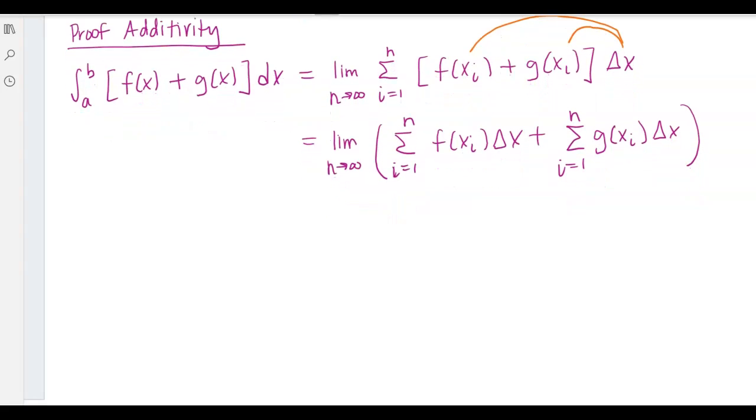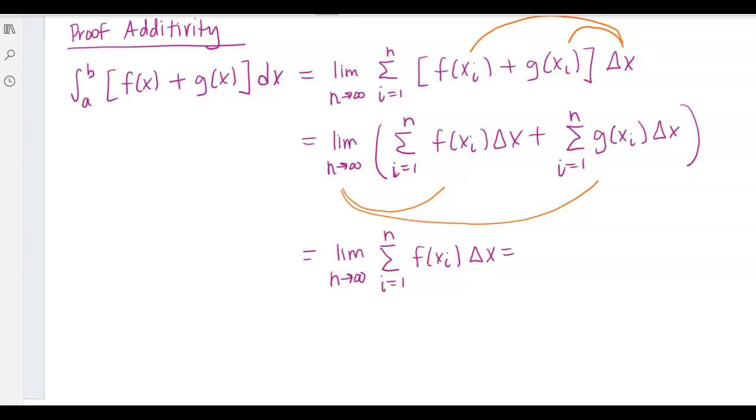We can do the same thing with the limit. We can distribute the limit to both of these summations. So I'll do that next. Oops, plus.